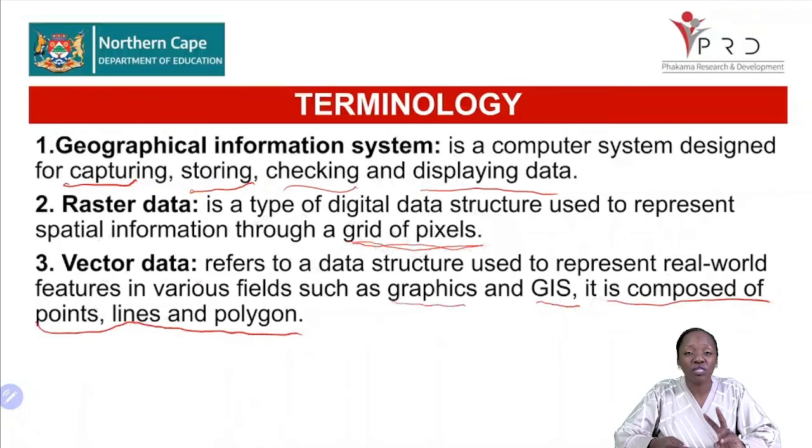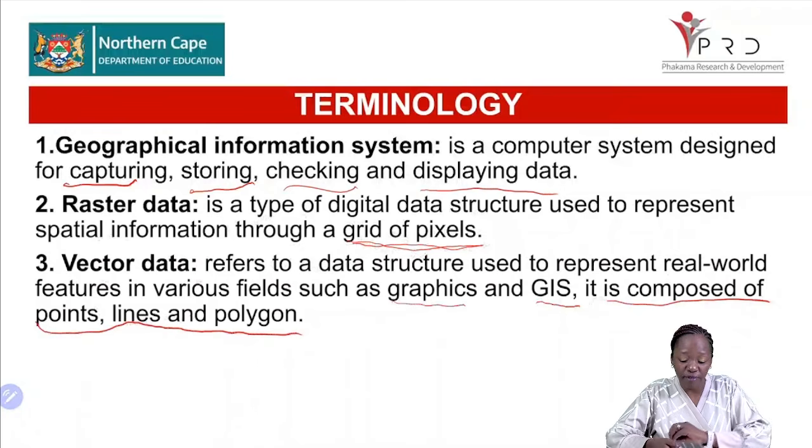Remember, we've got 2 sets of maps, which is your orthophoto map as well as your topographic map. So it is important to look at the pictures that are featured in that map. Then you will be able to identify which map belongs to the raster and which map belongs to the vector.